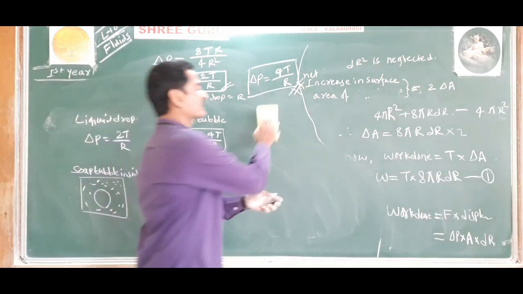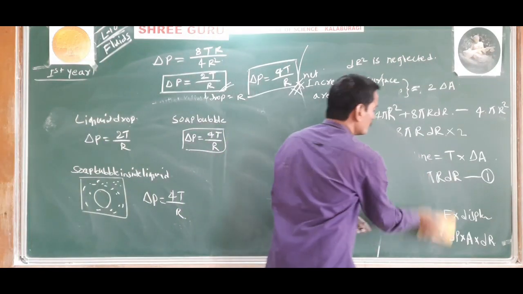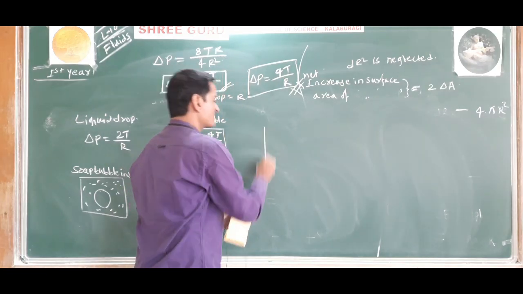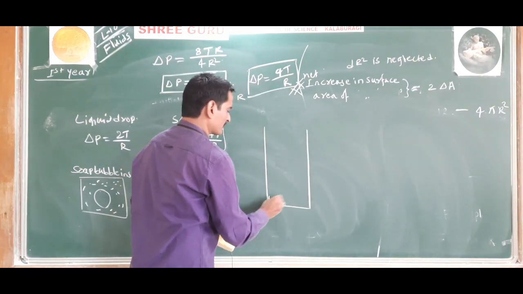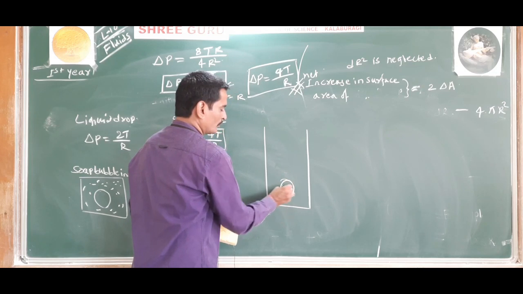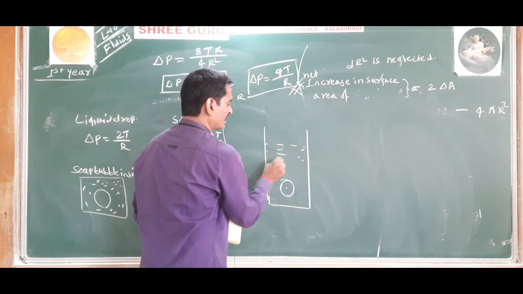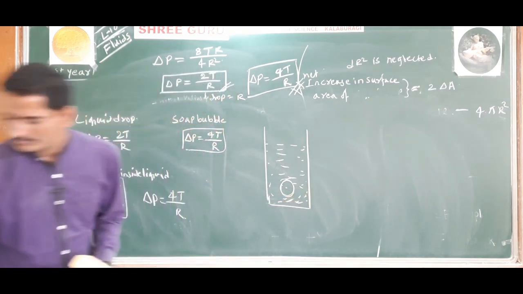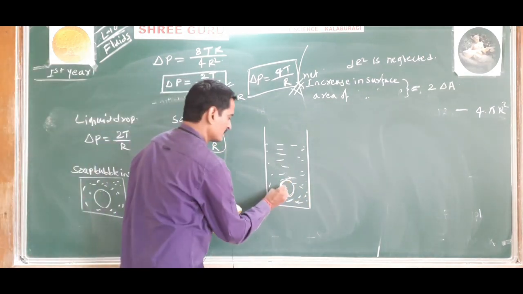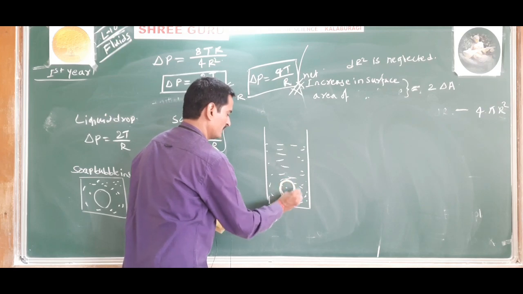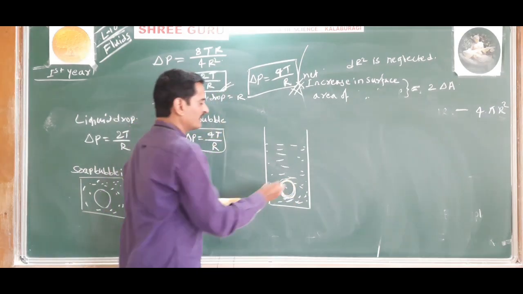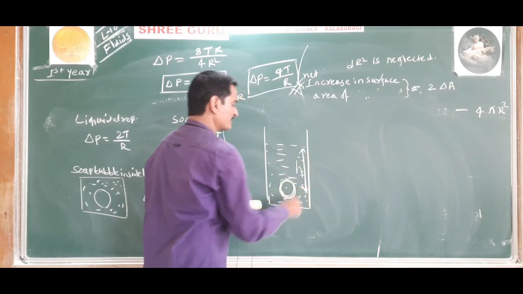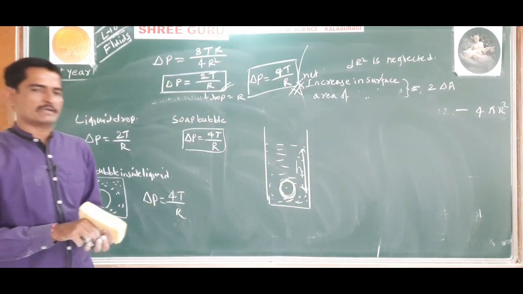And now excess of pressure for a soap bubble inside the liquid at a depth h from the surface of the liquid. This is the soap bubble and it is at a depth h from the free surface of the liquid.